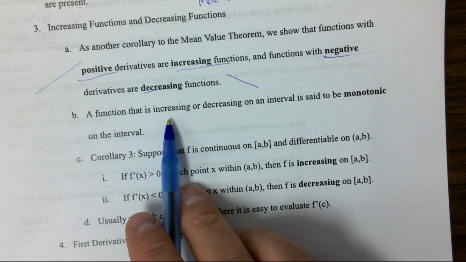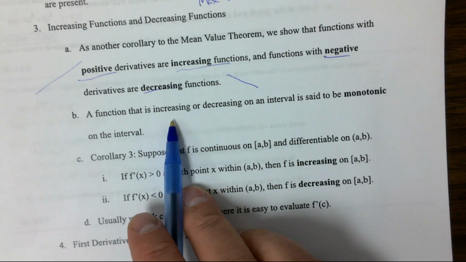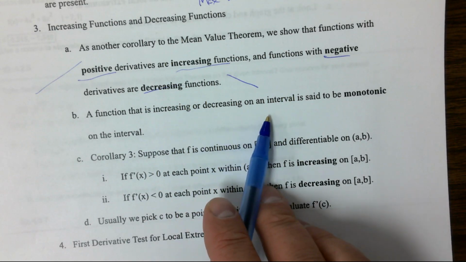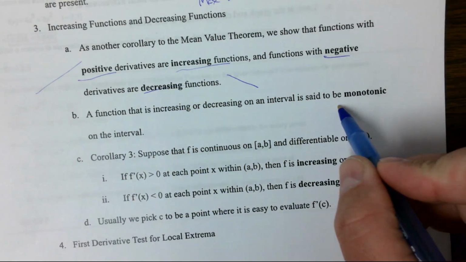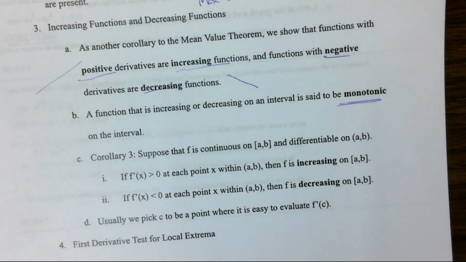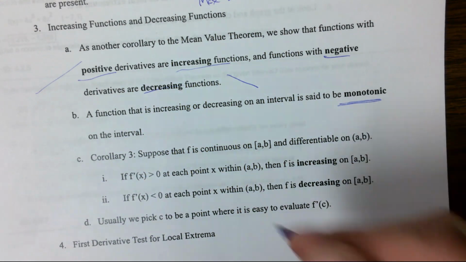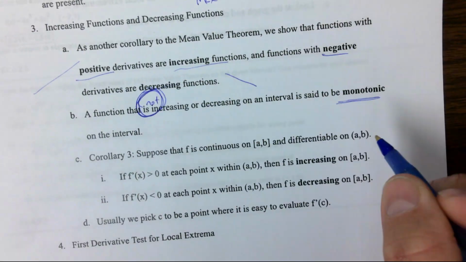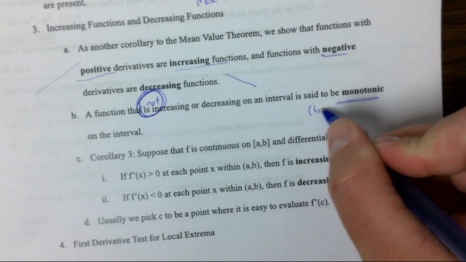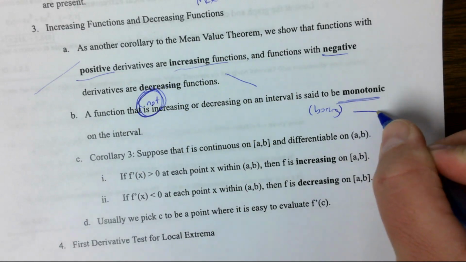A function that's increasing or decreasing on an interval is said to be monotonic. I think that's supposed to be: is not increasing or decreasing is constant, because that's like boring because it's flat.